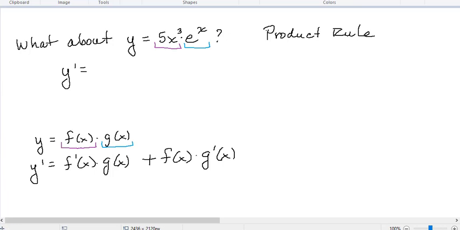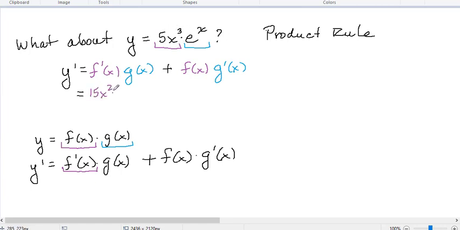The derivative would be, I want f prime of x times regular g of x as it is, plus, keep f the same, times, take g's derivative. f prime of x, take just the purple function, derivative 15x squared, times, second function as it is, e to the x, plus, keep the first function as it is, 5x cubed, and then take the derivative of the second function. The derivative of e to the x is still e to the x. So this is the derivative.